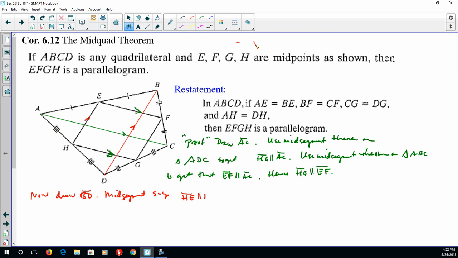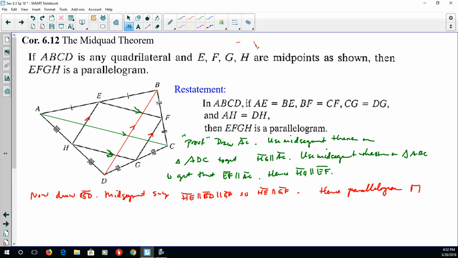So HE is parallel to GF. Well, if HG and EF are parallel and HE and GF are parallel, so therefore here's a parallelogram. So a nice little corollary. To me, it's an amazing result.